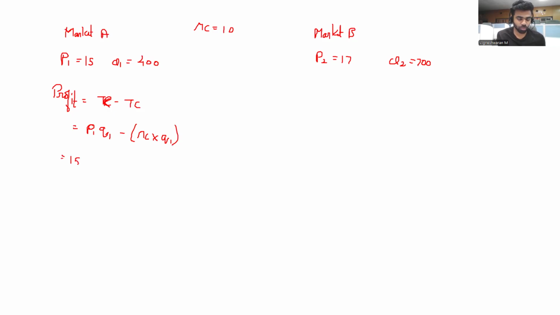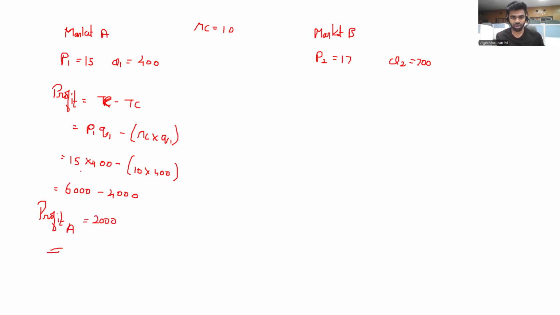So that is 15 into 400 minus 10 into 400. 15 into 400 is 6,000 minus 4,000. So the profit of market A will be equal to 2,000.